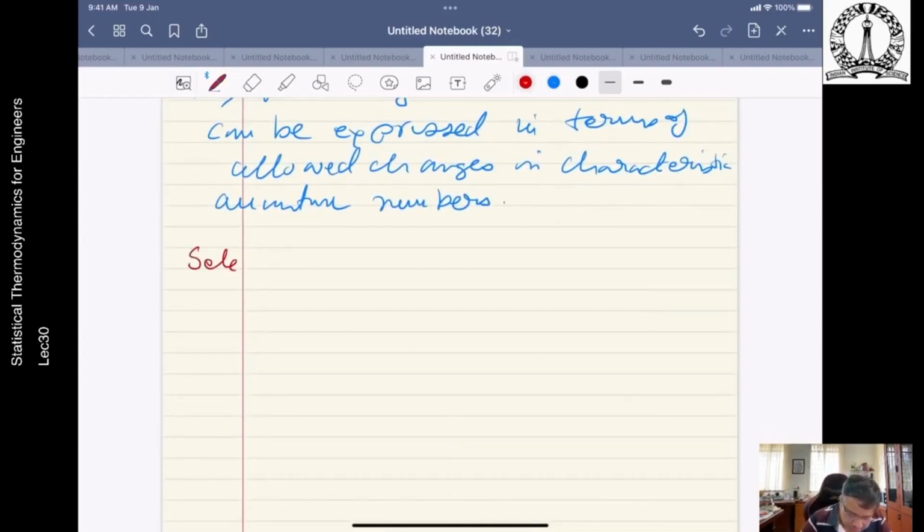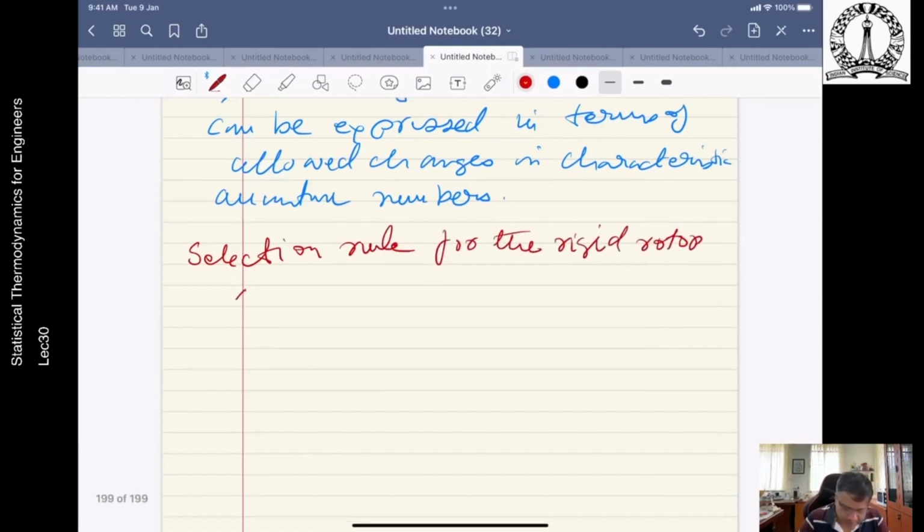The selection rule for the rigid rotor is delta J equals plus or minus 1.